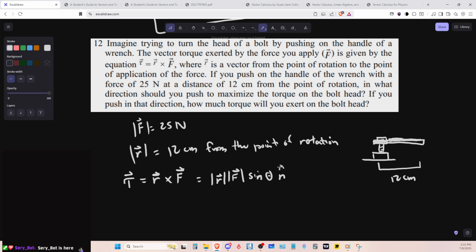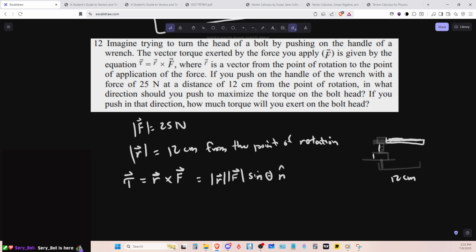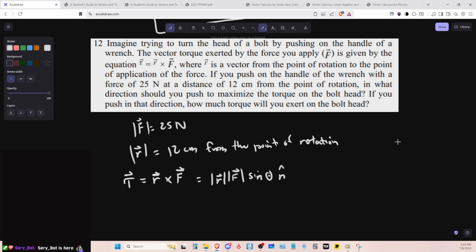It's given by the equation. If you push the handle of the wrench with a force of 25, so maybe I should draw this from a bird's eye view. Maybe that might be a little bit better, because it seems like they want us to look at it from a bird's eye view.